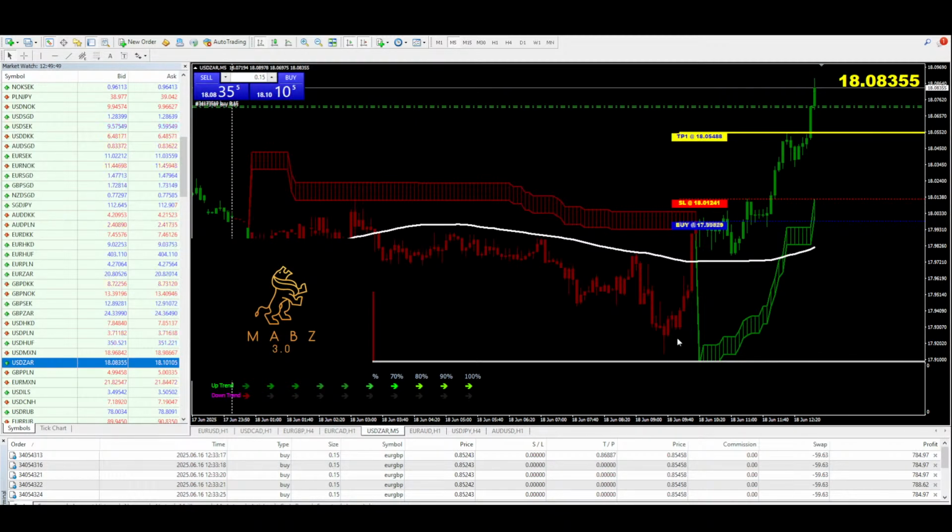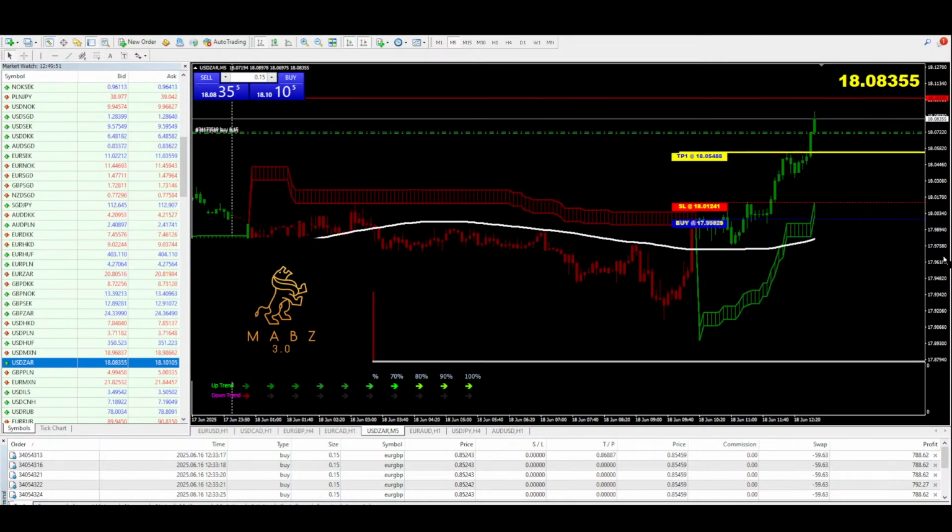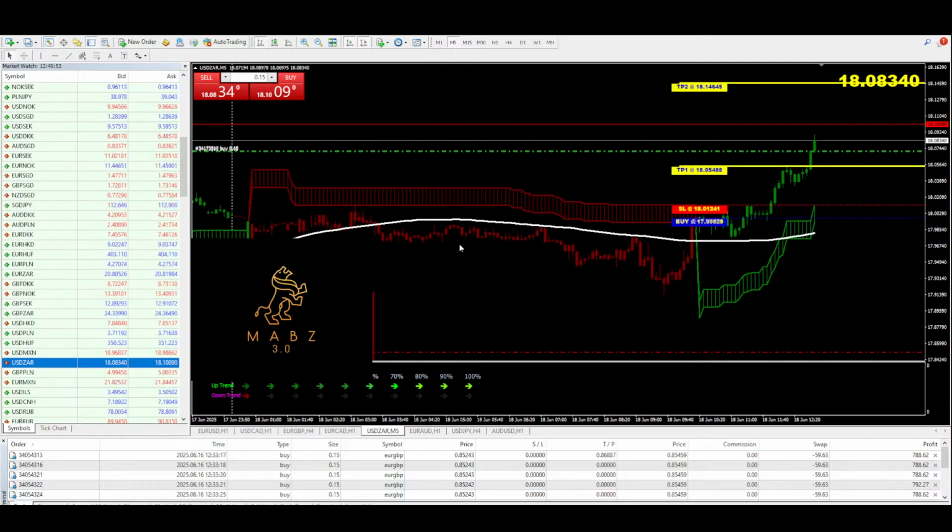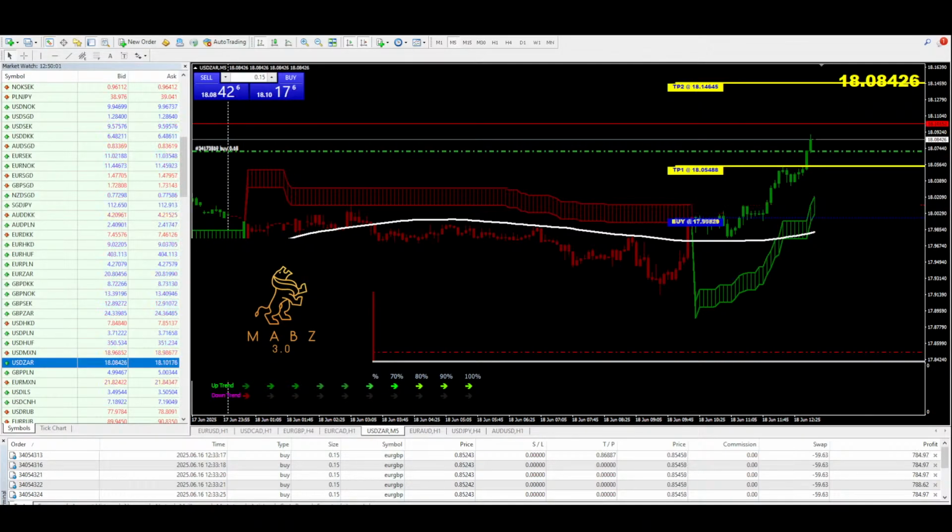You don't just open a trade and walk away when you're trading USD ZAR. It's like a crazy person. Okay, let me check what's happening on the markets tomorrow.